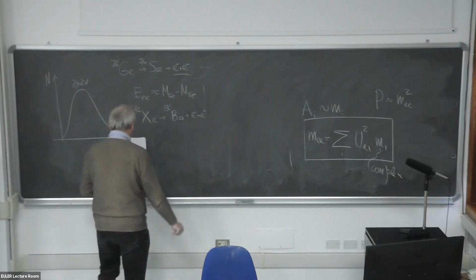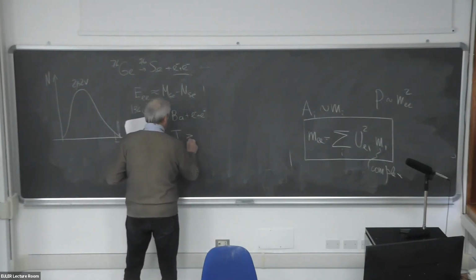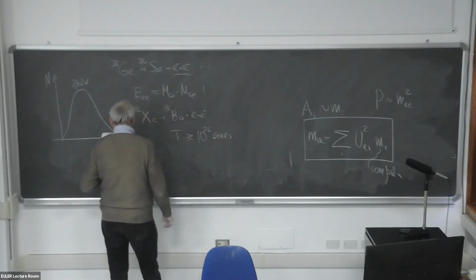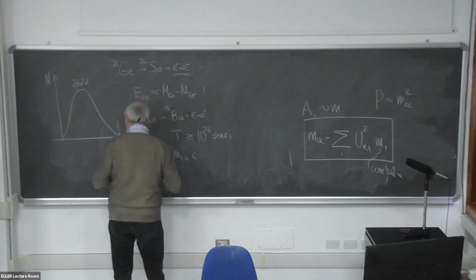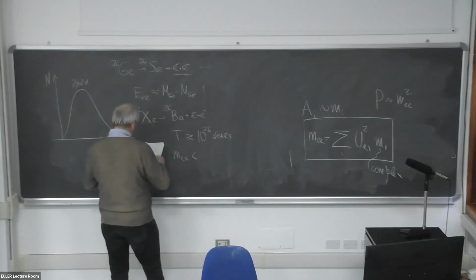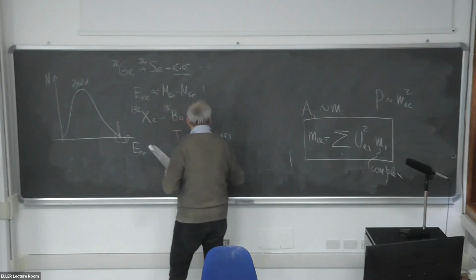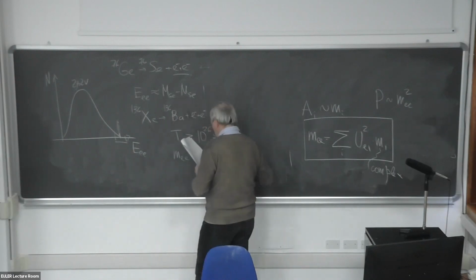So what you get here is that the lifetime is bigger than 10^26 years, which can be converted into a bound on m_ee. So it's an upper bound on m_ee, and this is between 60 to 165 milli-electron volts.